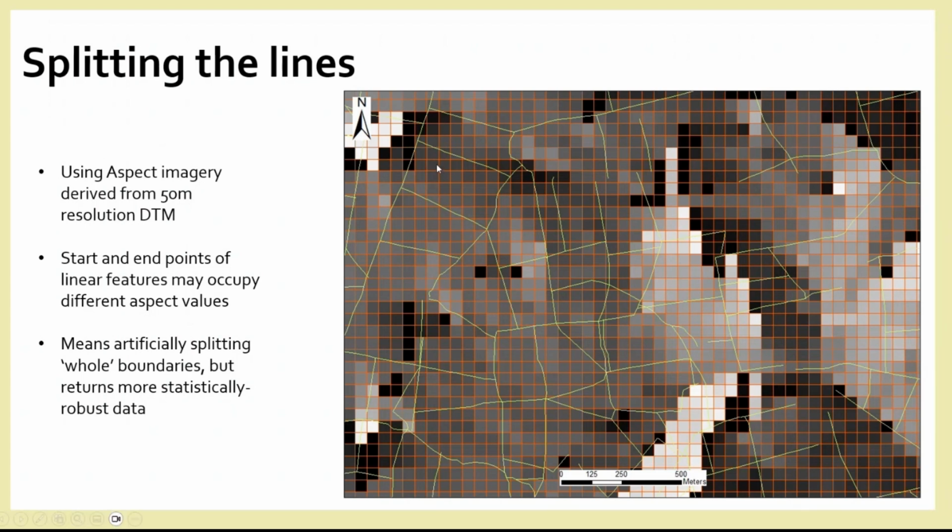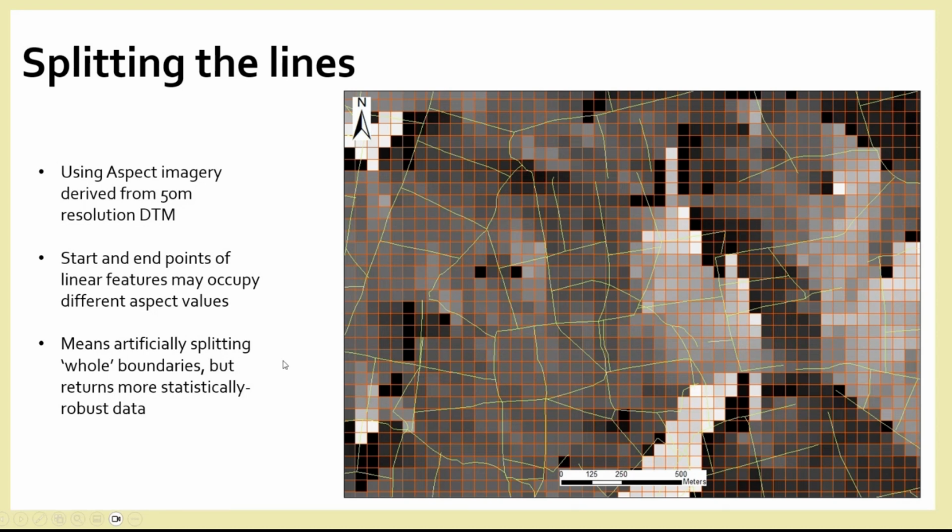What that basically does is every single 50-meter square is assigned the aspect of slope that the slope runs in. So I then built a grid over the aspect imagery, and that grid became the unit to split all these lines.